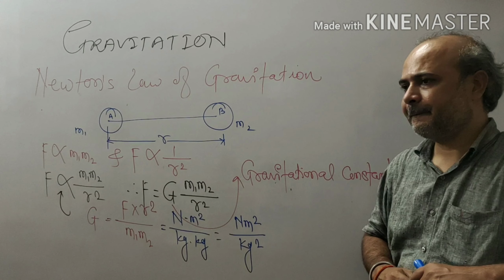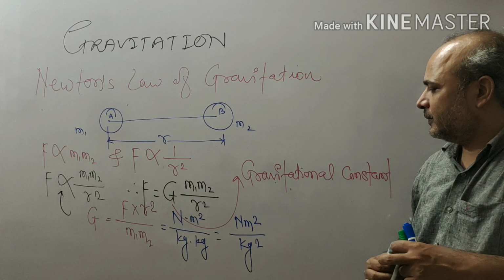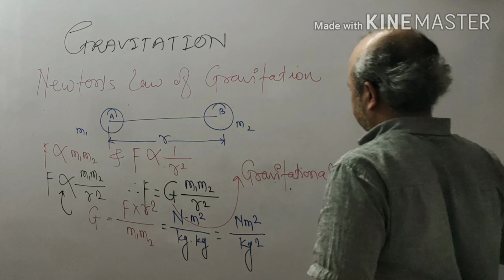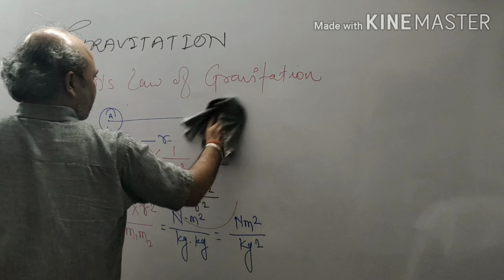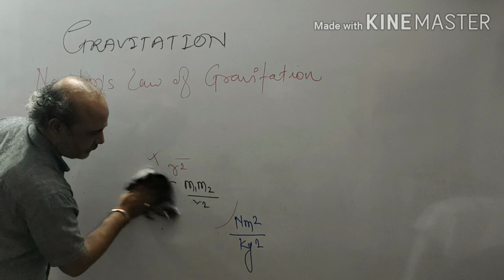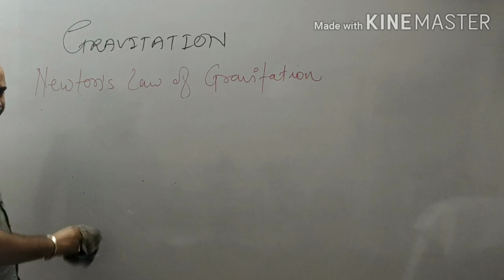Clear student? The unit of G is Newton meter square per kg square.